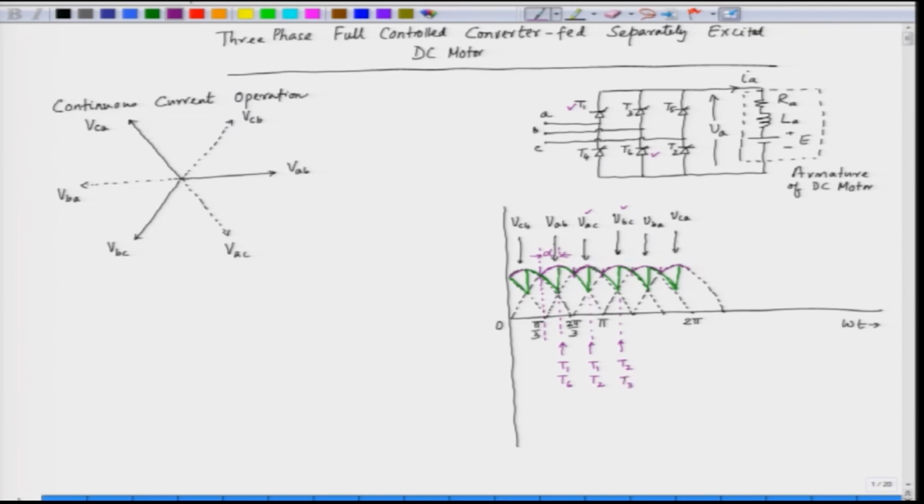Then at this instant we trigger the next pair. Here VBA is maximum, so it is T3 T4, and at this instant VCA is maximum, so we trigger T4 T5 and so on. At this instant the maximum voltage is VCB, so CB means it is T5 and T6.